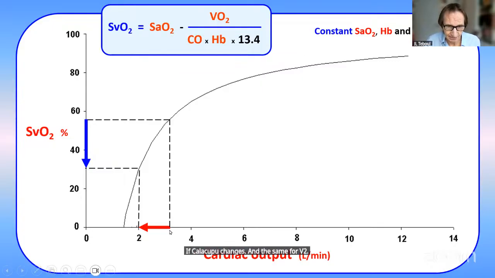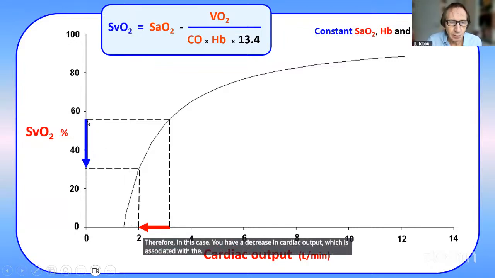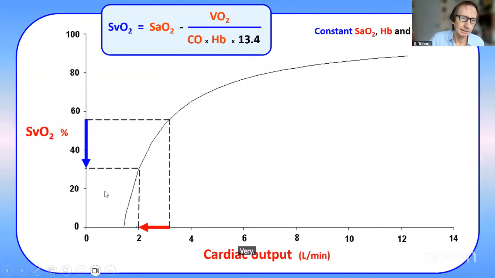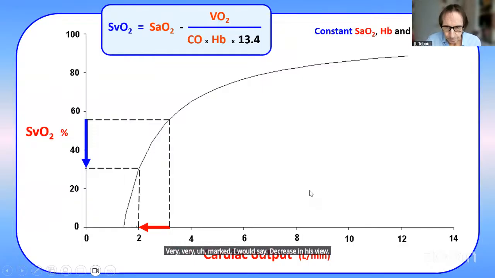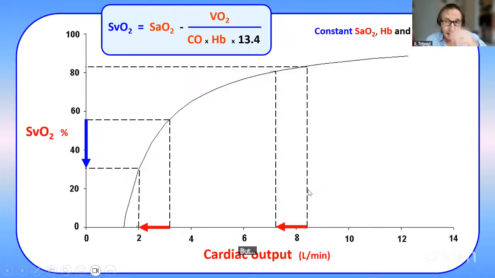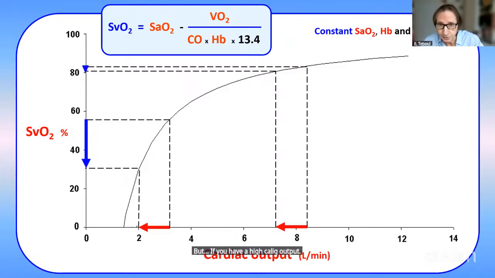Therefore, in this case, you have a decrease in cardiac output, which is associated with a very, very marked decrease in SVO2. But if you have a high cardiac output, this can happen in some patients, the same decrease in cardiac output does not change SVO2 a lot, or non-significantly.